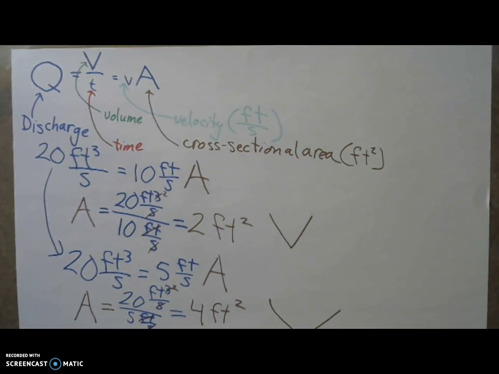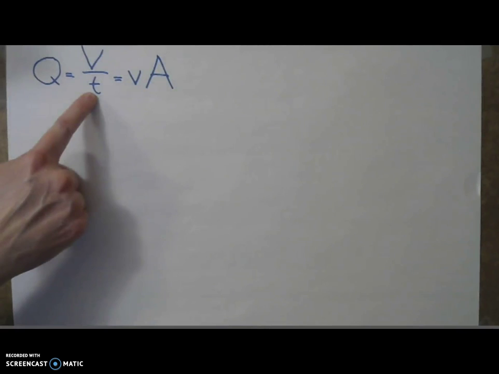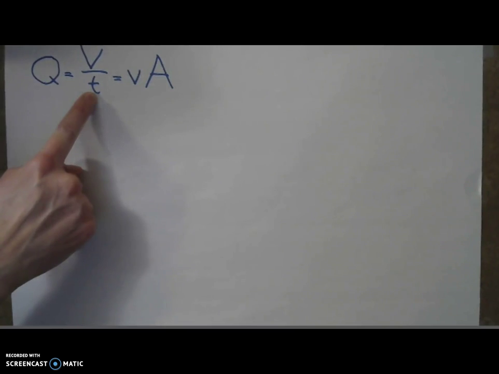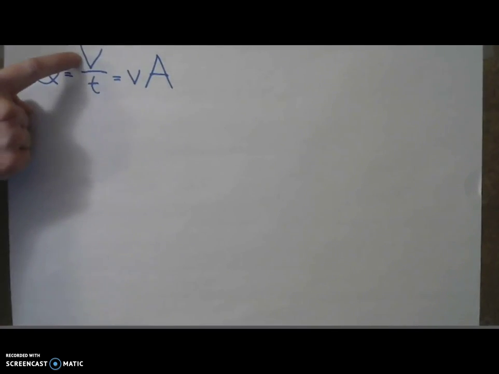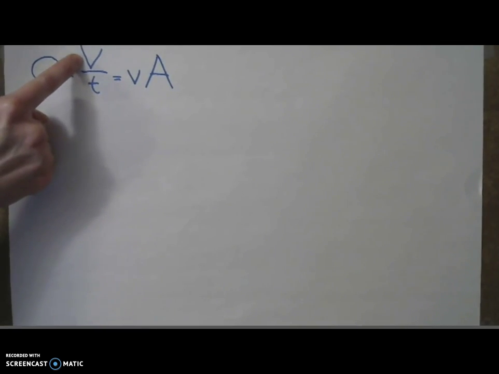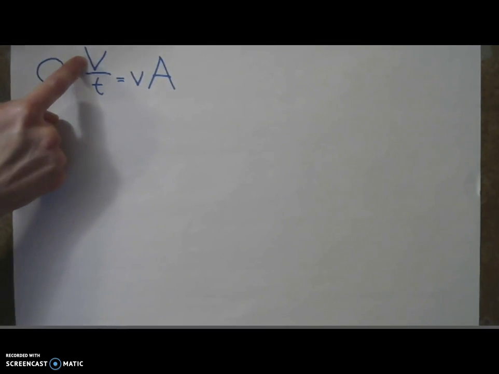Now, one more thing. I need to show you that volume per time is the same as velocity times cross-sectional area. So first we have time. Units like seconds, minutes, hours, etc. Easy. Next, volume. We could use units like gallons and pints, etc. There are actually lots of volume units. Another way to measure volume is by lengths, cubed, like as in the volume of a box.